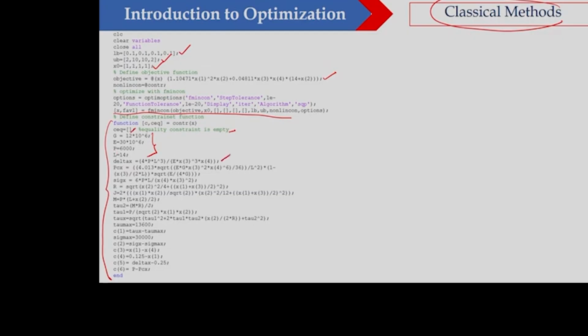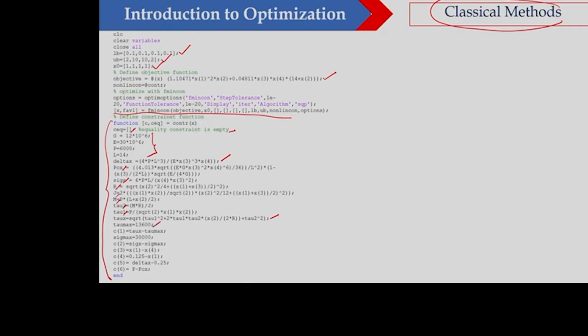Then you calculate delta x, then PCX, then sigma x, then r, then j, then m, and then tau 2 and tau 1 you have to calculate, and after that I am calculating the value of tau x. And then tau max is given.